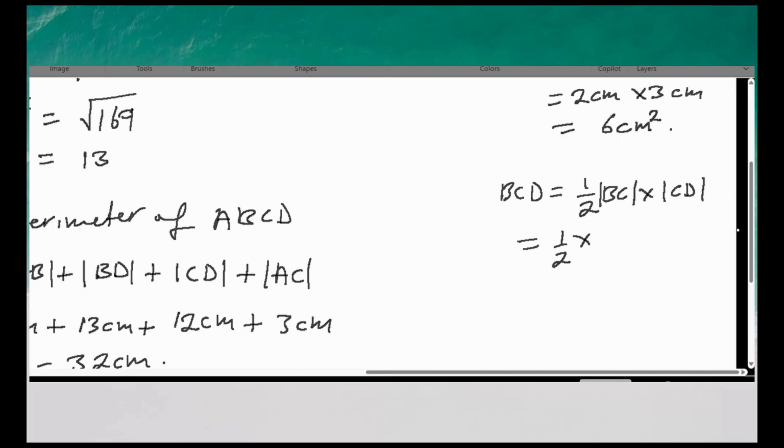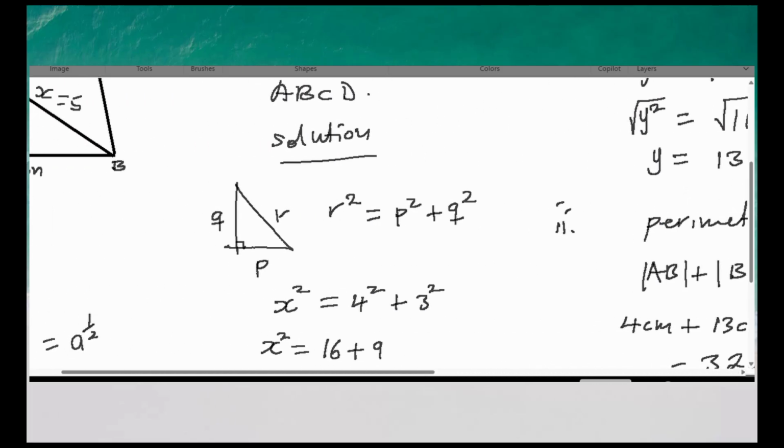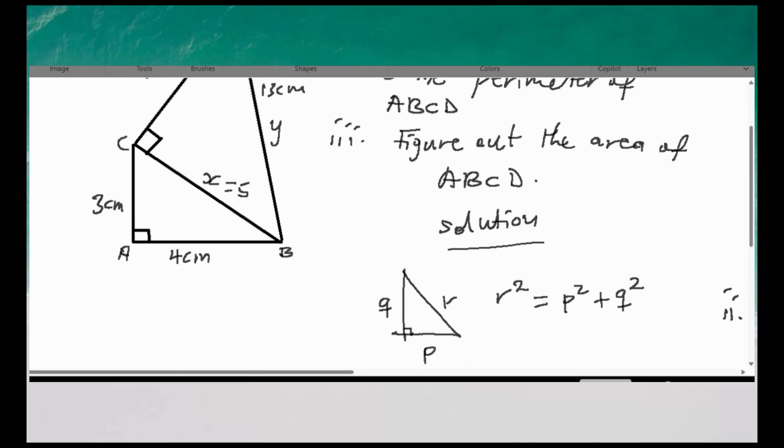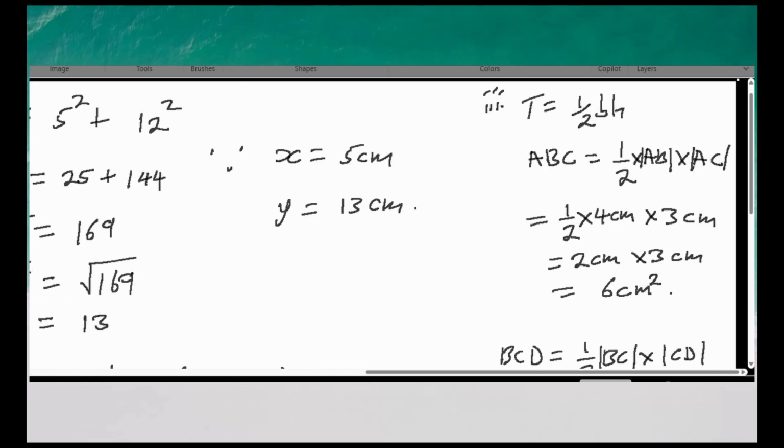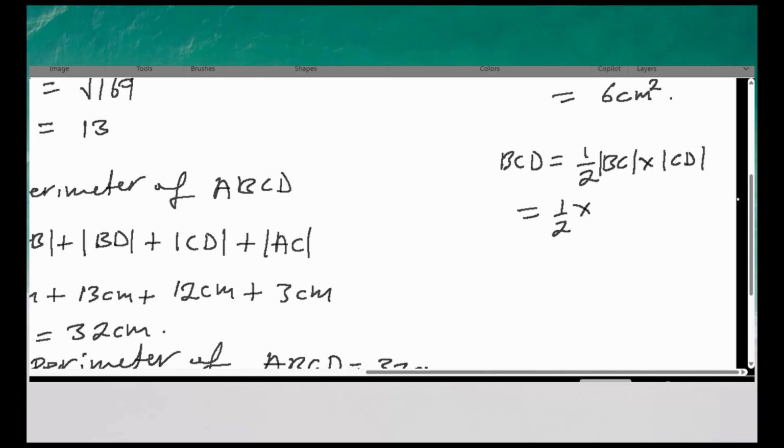Let's check BC. BC is 5 centimeters, and our CD is what? 12 centimeters, right? So we're going to have 5 centimeters times 12 centimeters, and then half of 12 is going to be what? 6, right? So we have 5 centimeters times 6 centimeters. 5 by 6 is going to give us 30 centimeters squared.